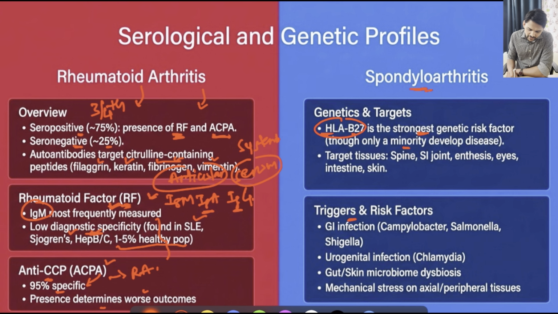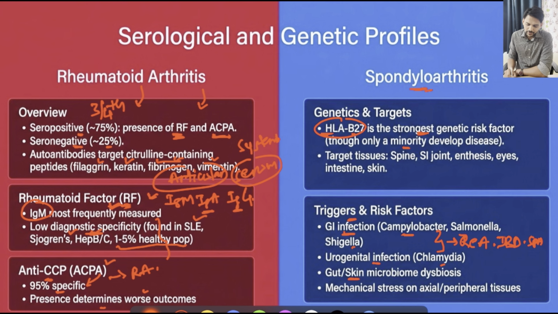For example, gastrointestinal infections with Campylobacter, Salmonella, Shigella and all can trigger the pathogenic cascade, or urogenital infections with chlamydia, and commonly these might result in what we call reactive arthritis or IBD associated spondyloarthritis.